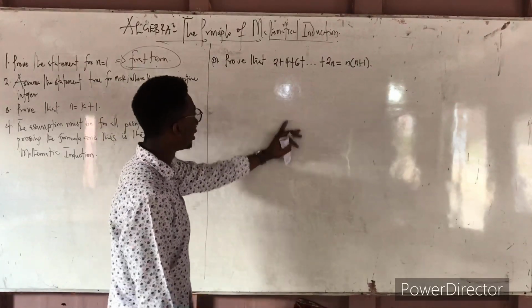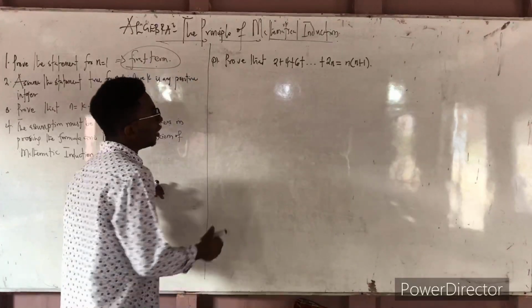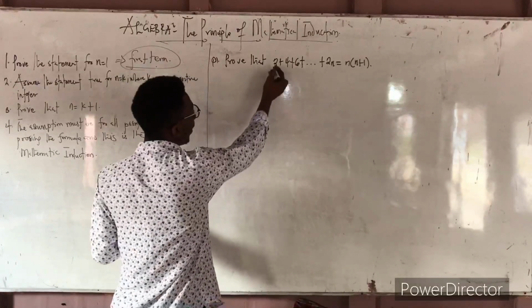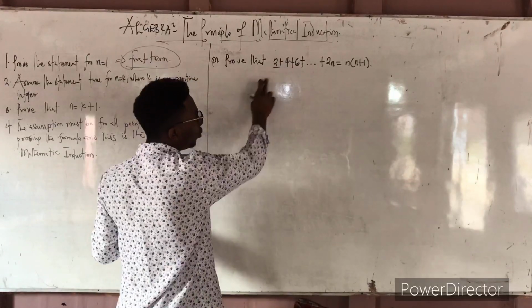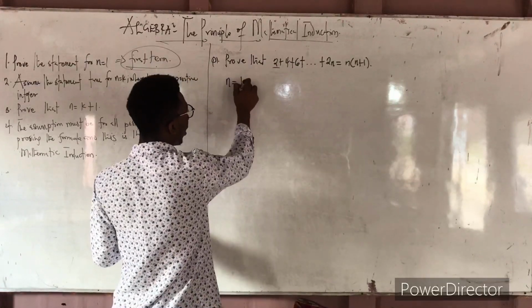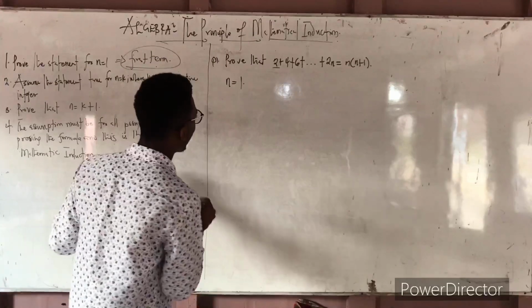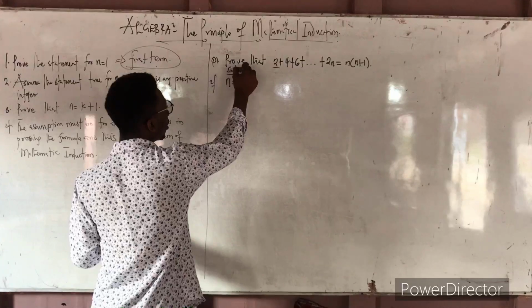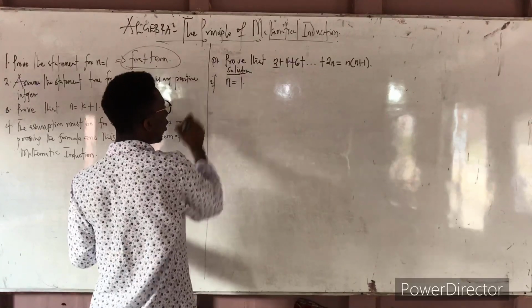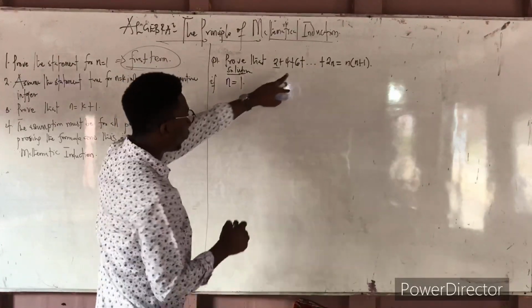Now, how do you go about it? The base condition: we have to assume the first n term. What is the first n term over here? It's 2. So if n is 1, will this be valid?